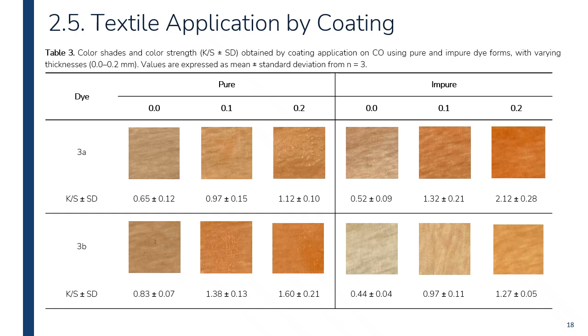For dye 3B, the pure form performed better with 1.60 at 0.2 millimeters compared to the impure form. In conclusion, more thickness means more color, and performance varies depending on the dye and its purity. For dye 3A, the impure form performed better, while for dye 3B, the pure form showed greater color strength.